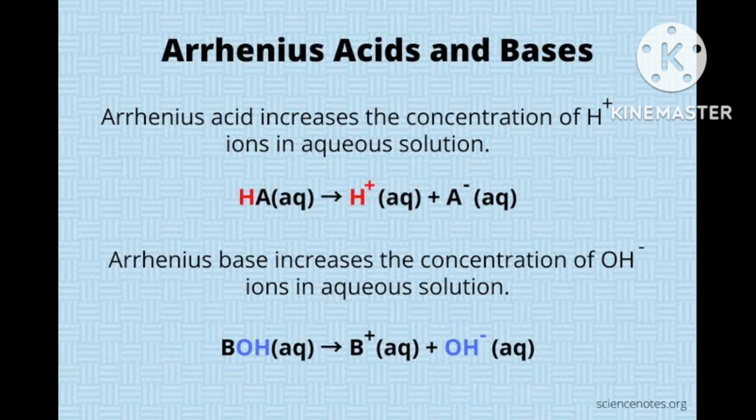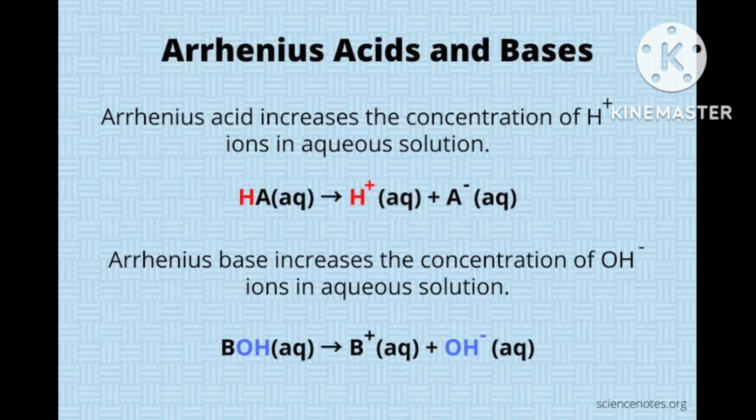In water, H plus and OH minus are there. This H plus will be accepted by NH3, and it will form NH4 plus. NH3 is accepting one hydrogen, one proton, H plus. That's why it is forming NH4 plus.